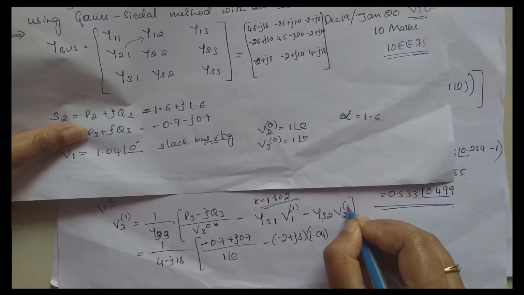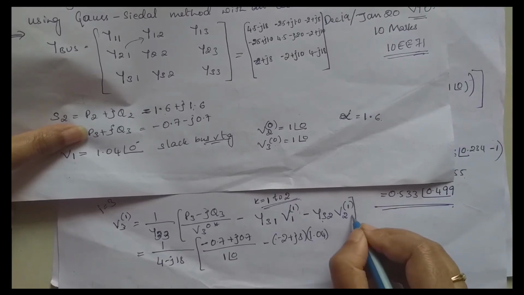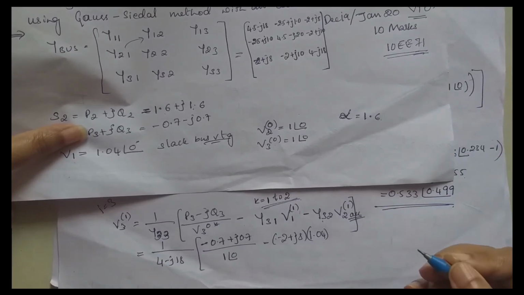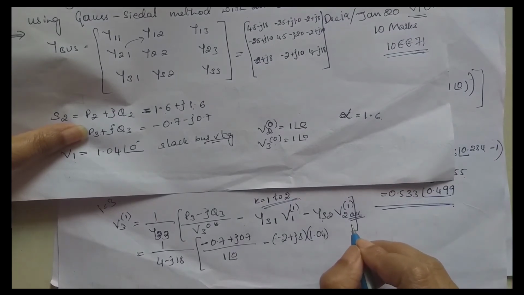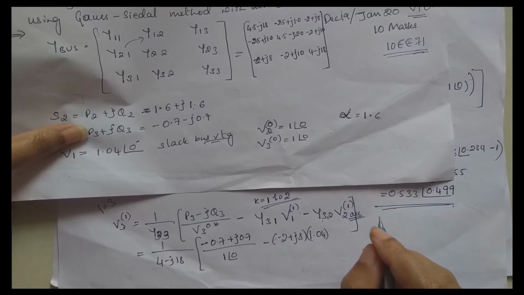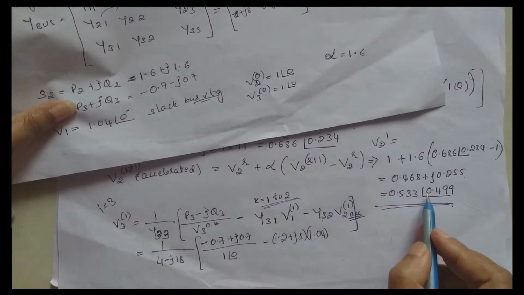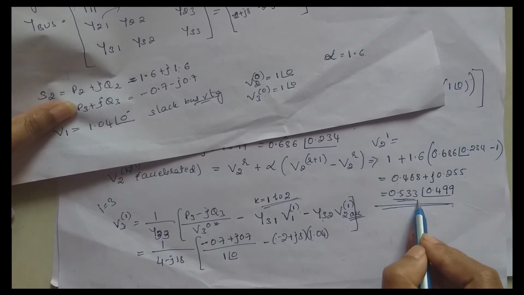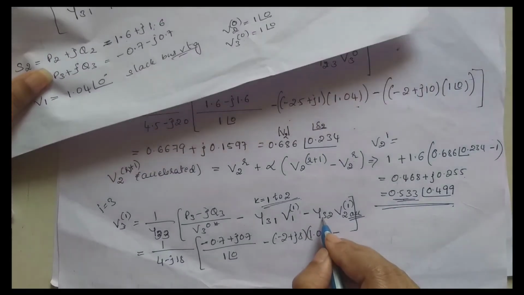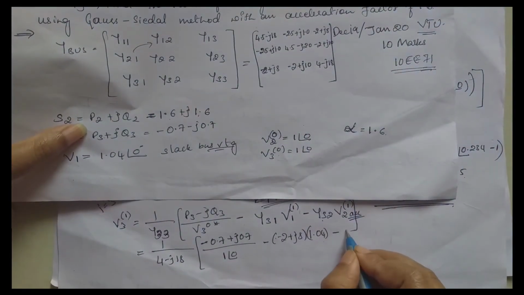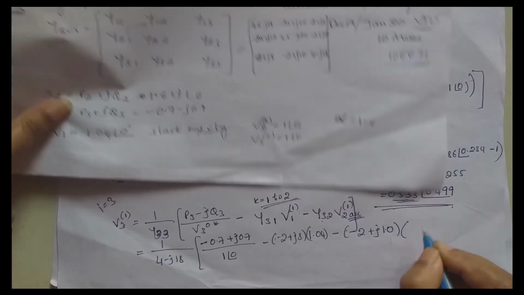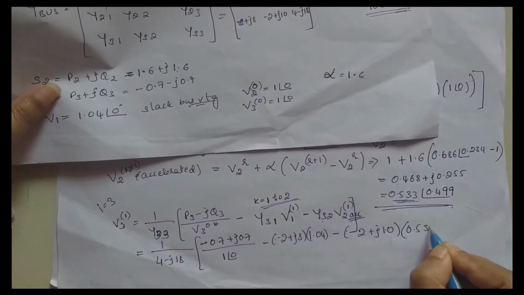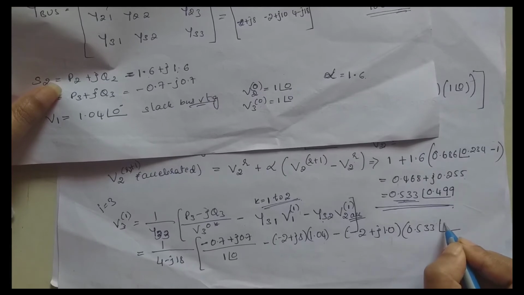For V2 1 you have to consider the accelerated value, which is 0.533, with y32 which is minus 2 plus j10, 0.533 at an angle 0.499.